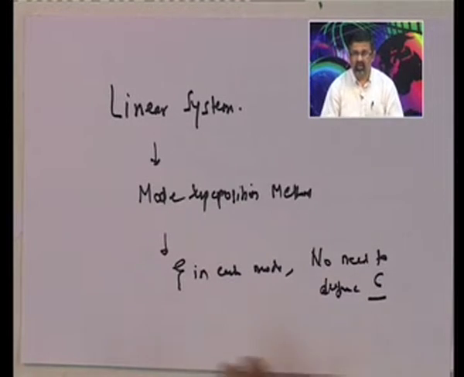Since it is a linear system, mode superposition, you define xi in every mode, you do not need to define C at all. Where do you need to define C? If your system is going nonlinear.